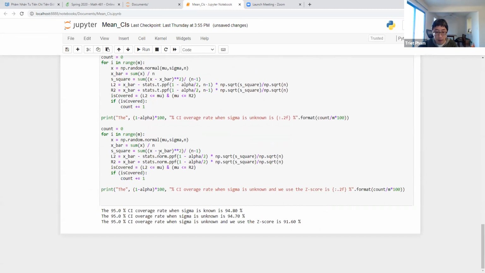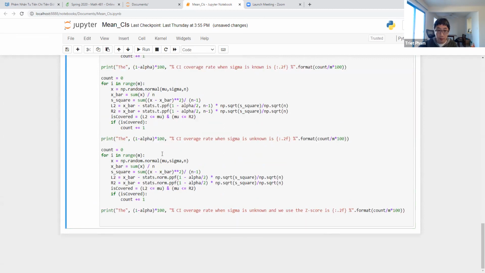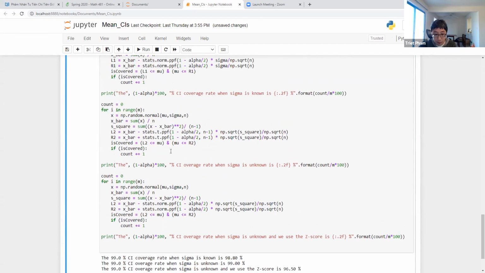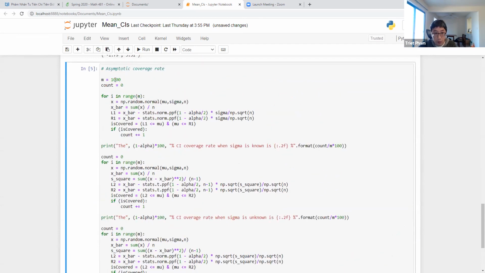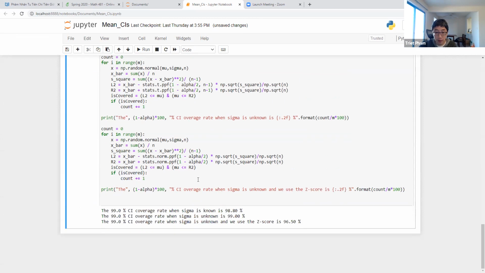And here, to show you the asymptotic coverage rate, the point is when you simulate a lot of intervals, then you get the coverage rate to be similar to what your alpha is. So a 99% confidence interval has this coverage rate.